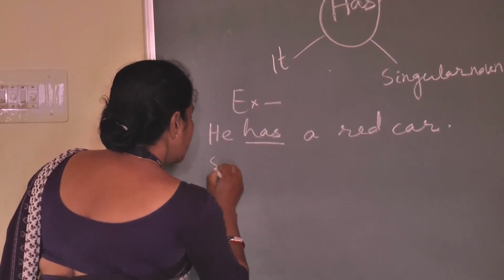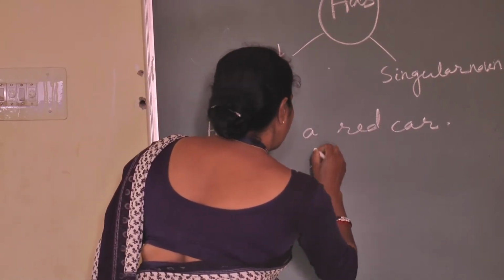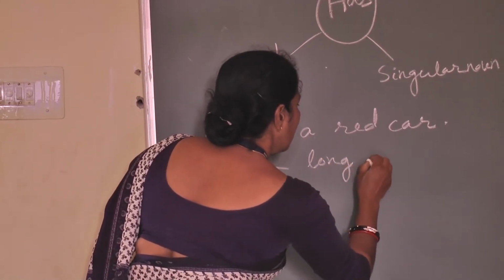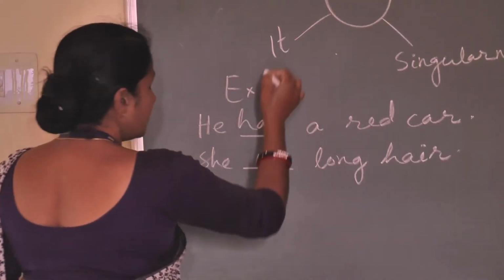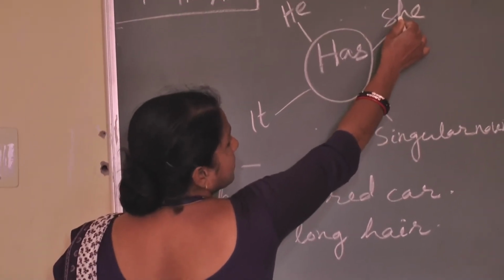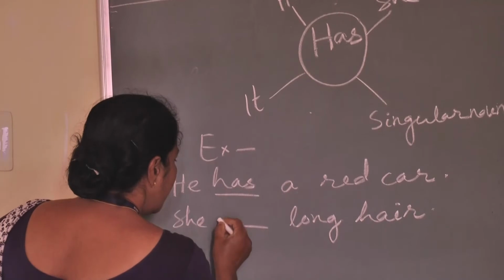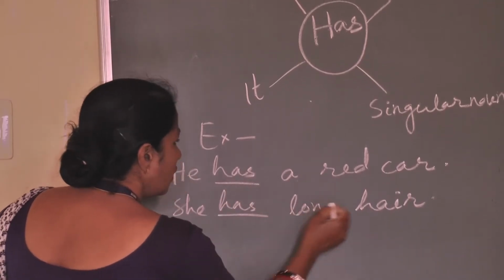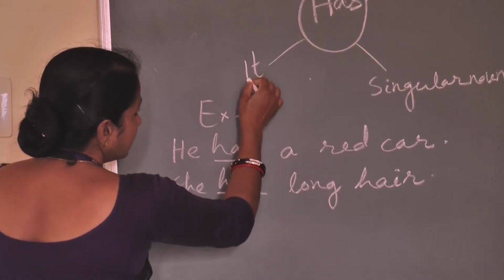Then, she dash long hair. See children, here the word is she, we use has for she. She has long hair. You see, children?